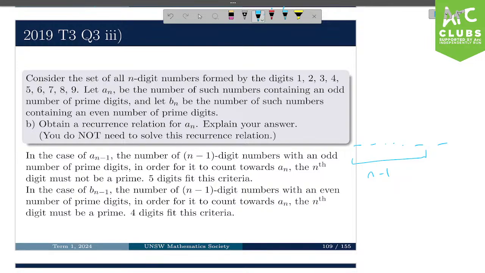By definition, that will be b_{n-1} ways, right? And to make it in total an odd number of prime digits, you'd have to have this last digit prime. So what possible primes could we put there? We can only put 2, 3, 5, or 7. So there's 4 possibilities.